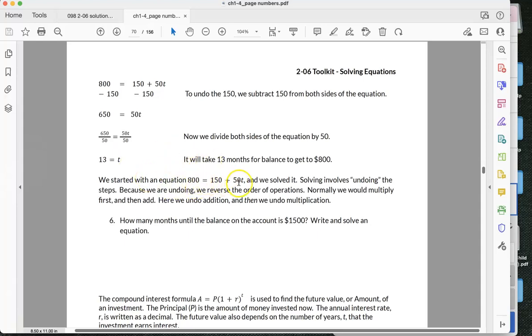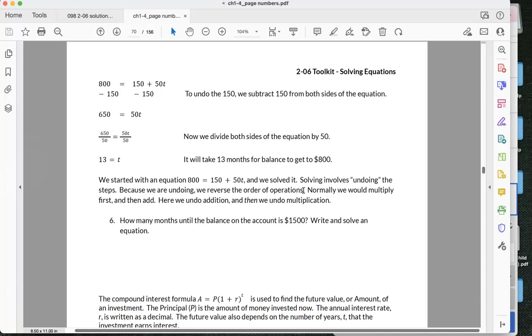We started with an equation and we solved it. Solving involves undoing the steps. Because we are undoing, we reverse the order of operations. We haven't covered order of operations, but that is coming up next week.